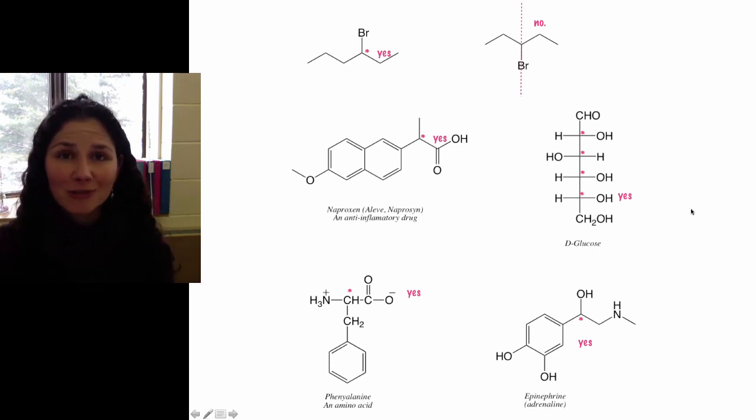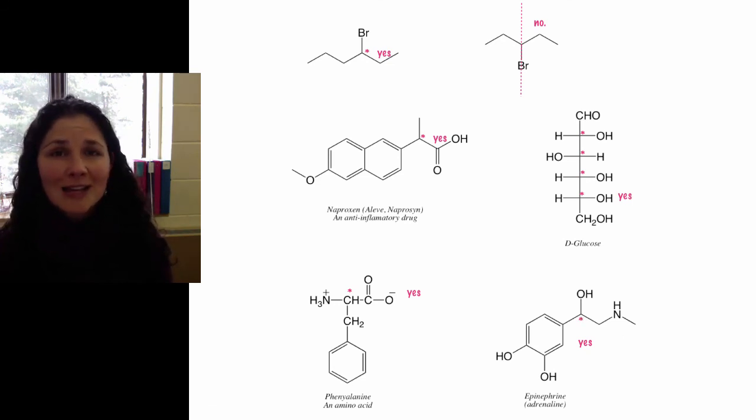So they are all chiral. This molecule has only one chiral center with a hydrogen, a primary protonated amine, a carboxylate, and an aromatic group attached. And over here, once again, only one chiral center. We will assume that any molecule with a chiral center is chiral.